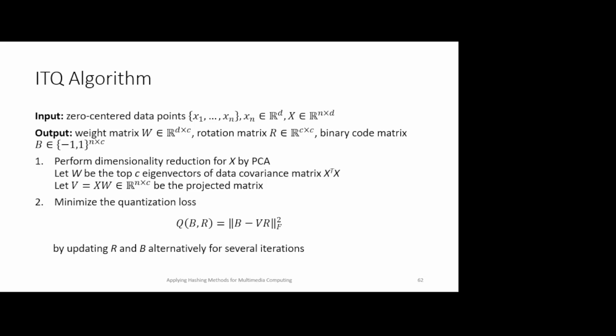The output, based on this input training data, will be the weight matrix W, the rotation matrix R, and a binary code B for each data point. So you have n data points, and each data point will be compressed to a C-bit binary code. The binary code will be -1 and 1. And remember, -1 means bit 0.